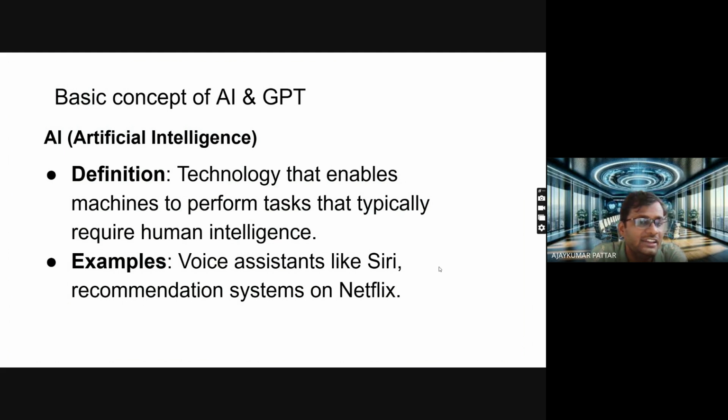And for recommendation systems on Netflix, if you are watching a particular category of movies, or searching more on particular subjects, then Netflix gives recommendations of that category, or advertisements related to your interest, whatever you have observed in that domain. This all comes under artificial intelligence.